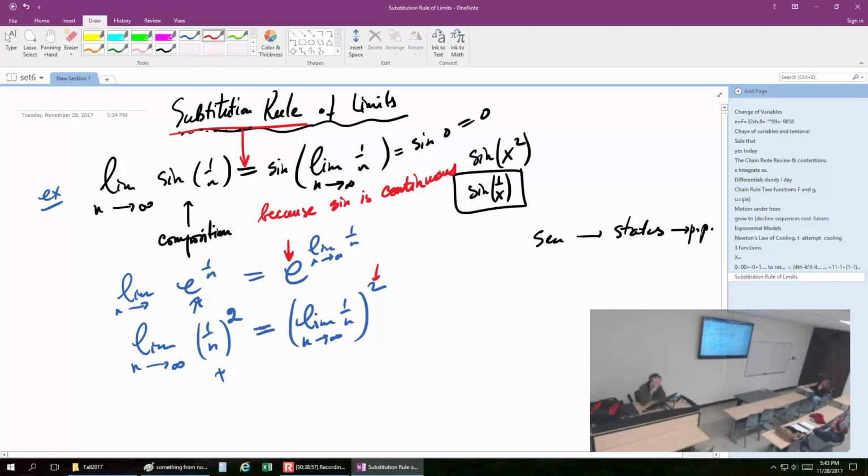Because the sine is continuous. All differentiable functions are continuous, but not all continuous functions are differentiable. So sine is both, but it suffices to say that continuity is sufficient. Exponential functions are continuous as well, and square functions are continuous as well.